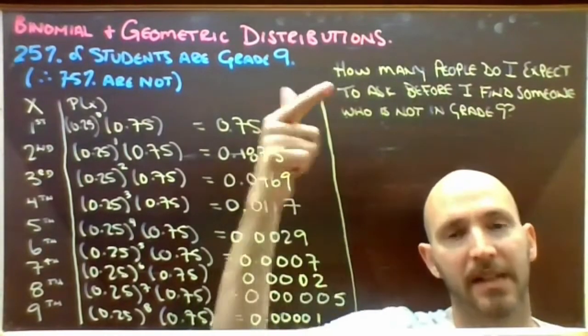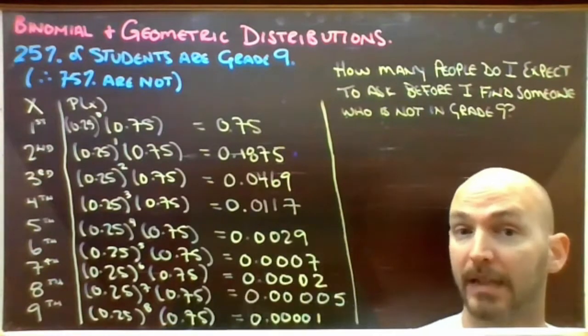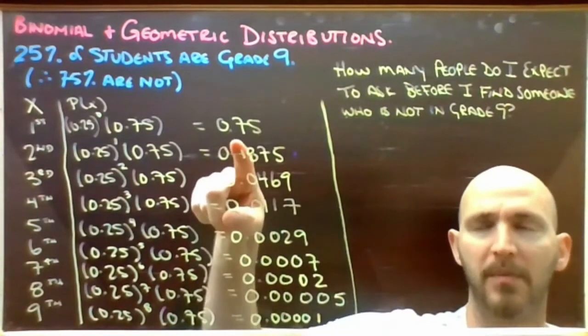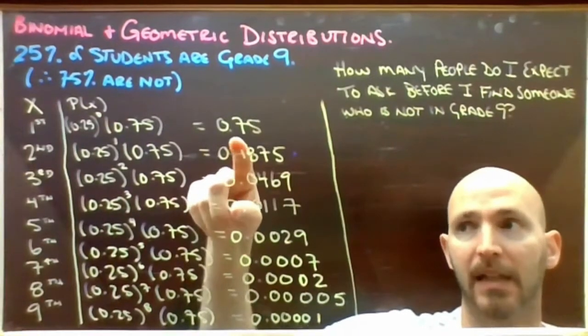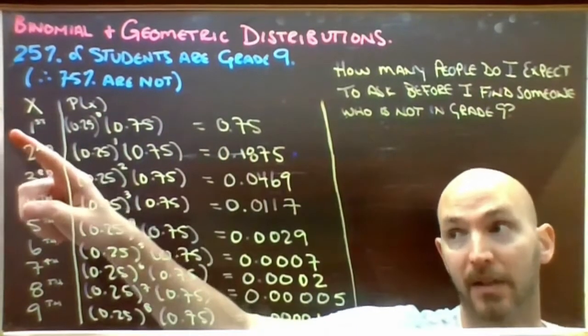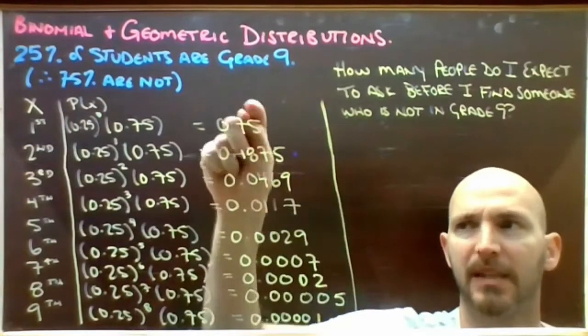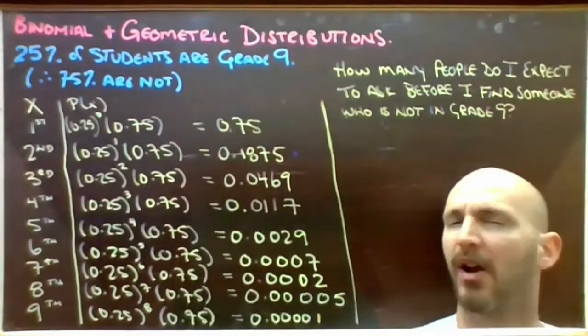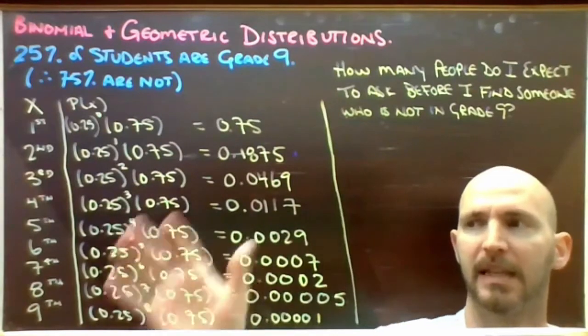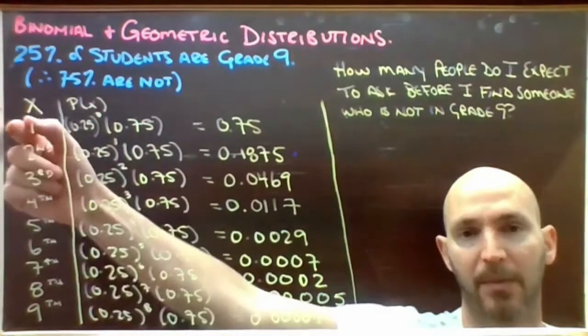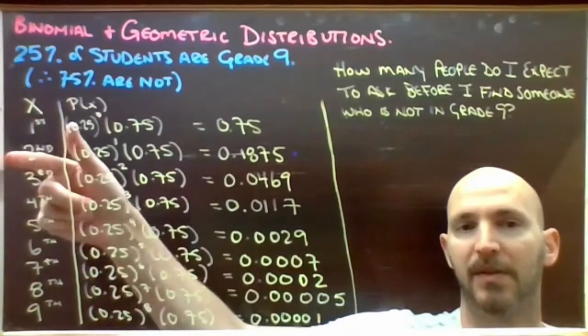Well, we've done expectation values when we were doing the games of chance. And so the way you did that is you took the probability of an event happening and multiplied it by the value at which it happens. Now in the games we were doing it this times the prize, because the prize is really all you cared about. In this particular question, it's this number, right? Did it happen on the first person? Did it happen on the second person?